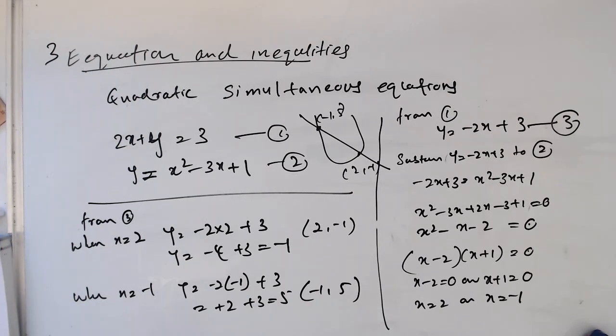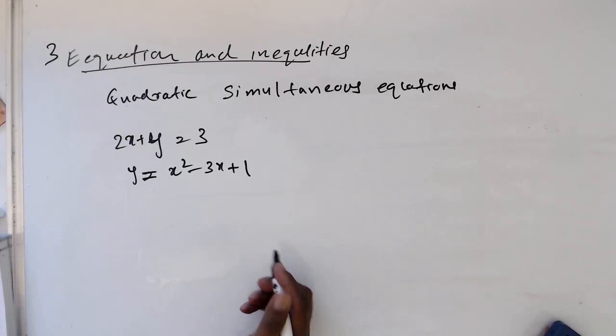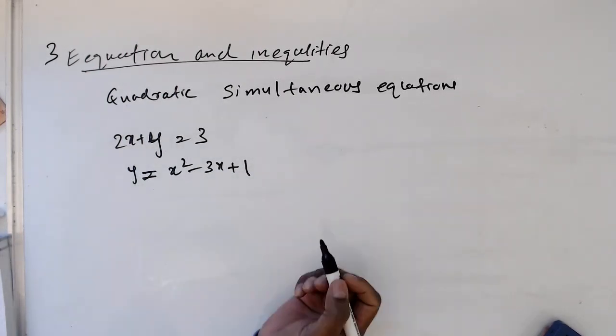Now I'm going to discuss the graphical method to find those two intersection points. For that we have to draw a graph to scale, but before that we will have a sketch of it. Now I need to draw this line first.